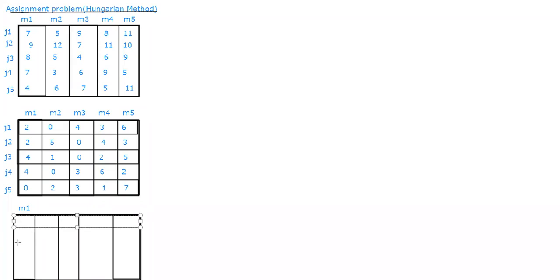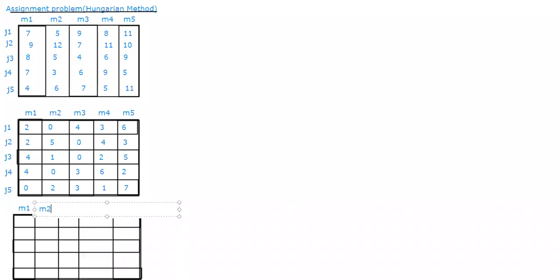Then 1, 2, 3 and a 4, we have got it. So here this table will be continued until I get an answer. This will be a lengthy table depending upon the problem. So M4, machine 4 and machine 5.